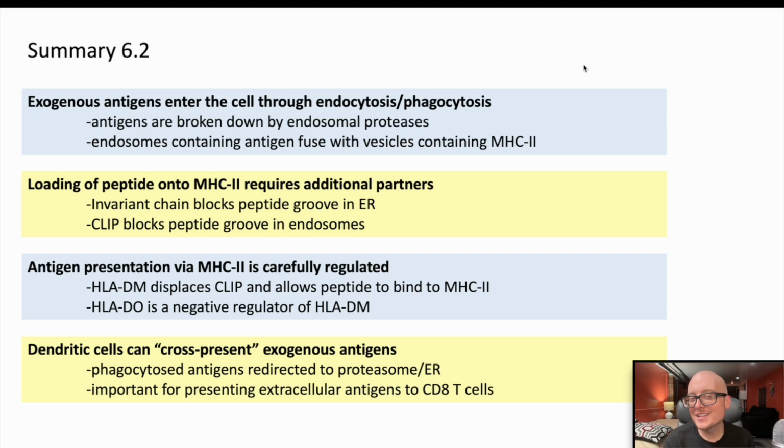If such a thing exists, it has yet to be discovered. It's possible, but it is not obvious, at least in terms of where the science is currently. So cross-presentation only occurs in that direction, taking exogenous antigens and treating them as endogenous to present them to CD8 T cells.